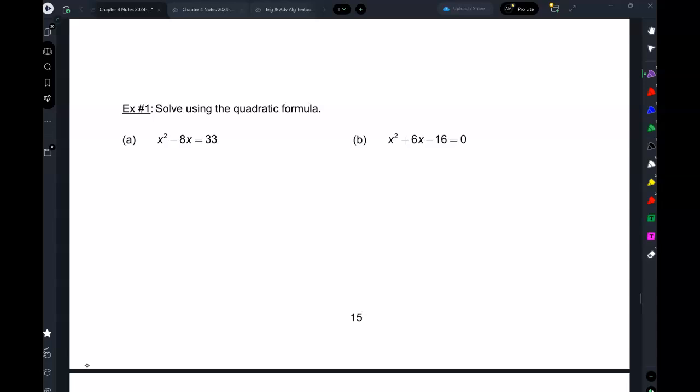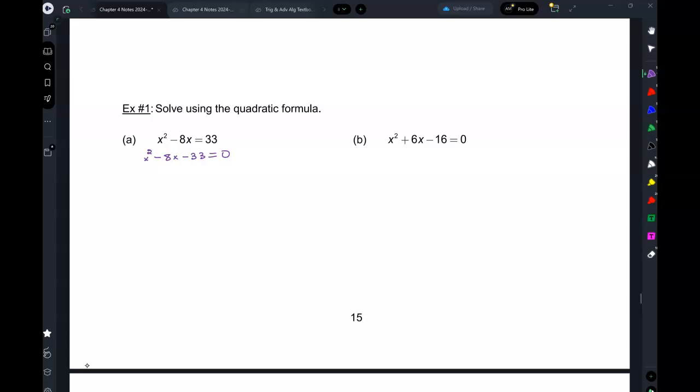All right, so let's bring everything to the same side. x squared minus 8x minus 33 is equal to 0. So in this case, a is 1, b is negative 8, c is negative 33.